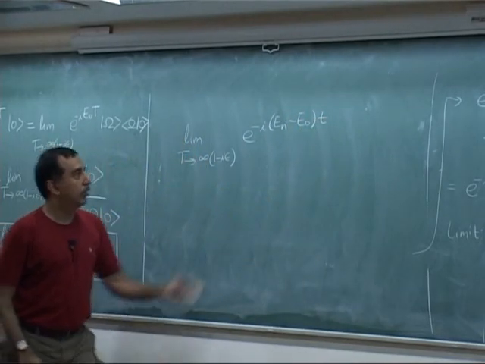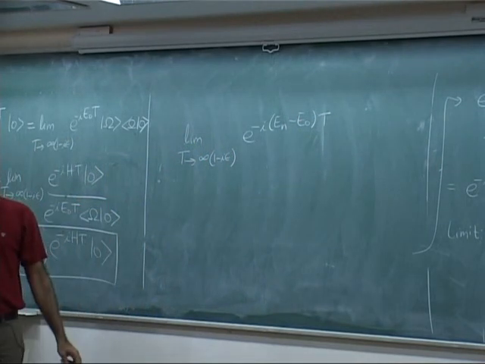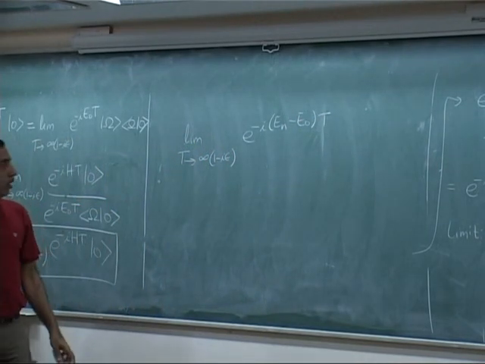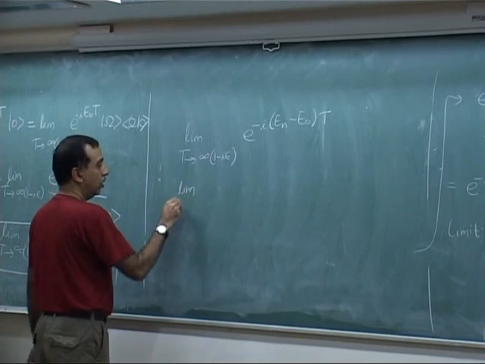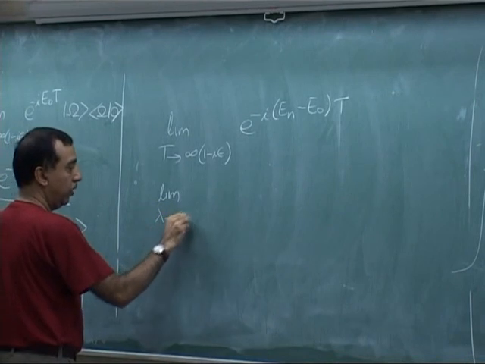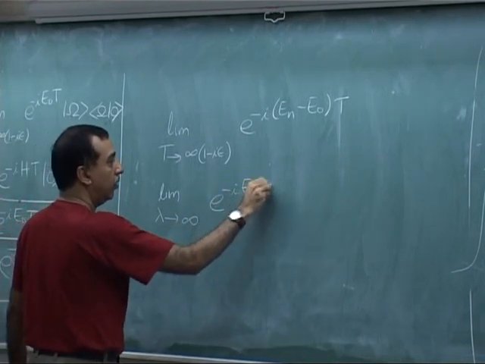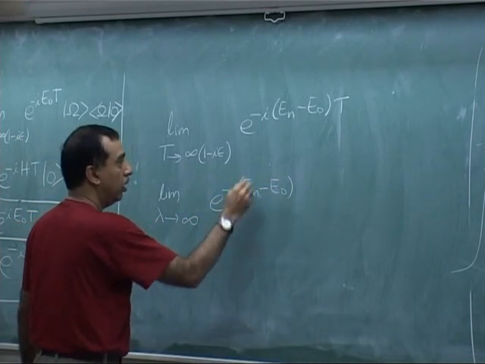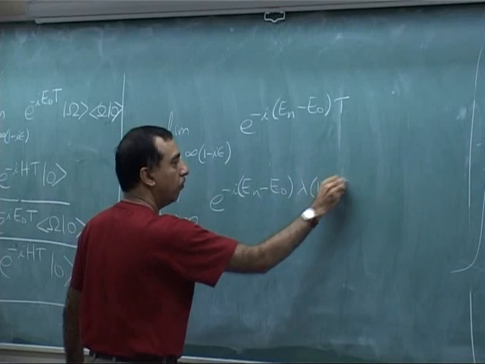This is the limit I'm taking. Okay? You agree? So this is the limit, let's say, as lambda goes to infinity, of the real part of e to the minus i (En minus E0) t, where I'll substitute t as lambda into 1 minus i epsilon.